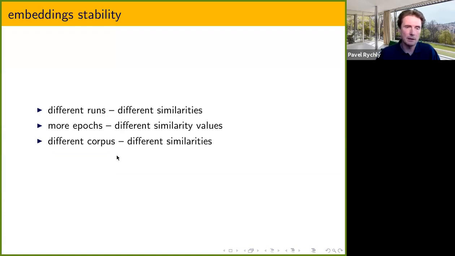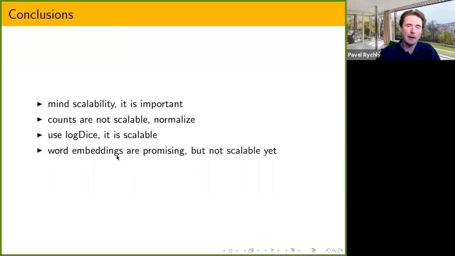Okay, so this is the stability of embeddings, and now the conclusion. First, mind the scalability, because it is important, because we use very different numbers, very different counts, and we need scalable mathematics in processing natural language.